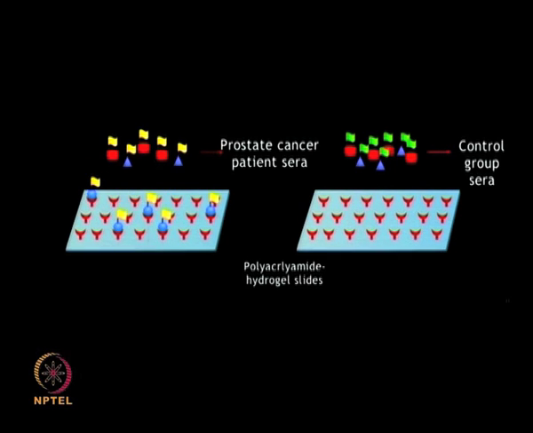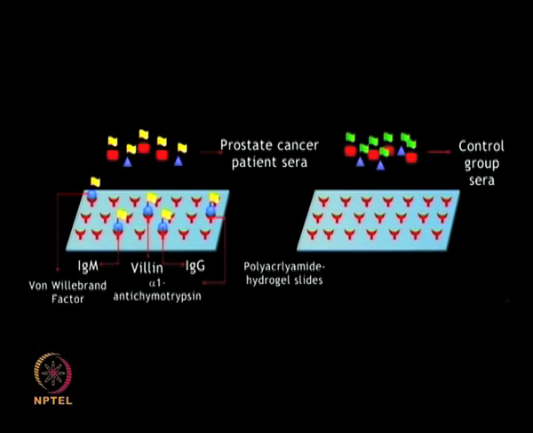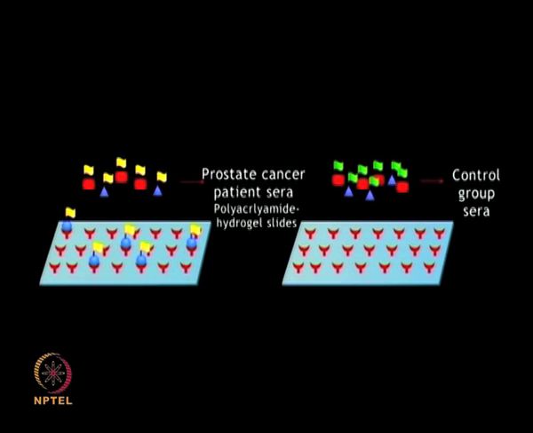So, the left slide is probed with the prostate cancer patient sera and the right one is used with the control group sera. From this study, 5 proteins were shown to have significantly differential expression in the prostate cancer patients as compared to the control group. Von Willebrand factor, vWF protein was found to be elevated and the remaining 4 proteins were down regulated as compared to the control group.